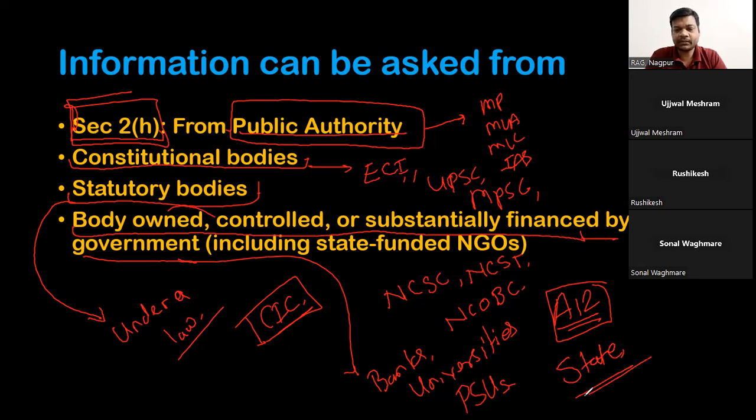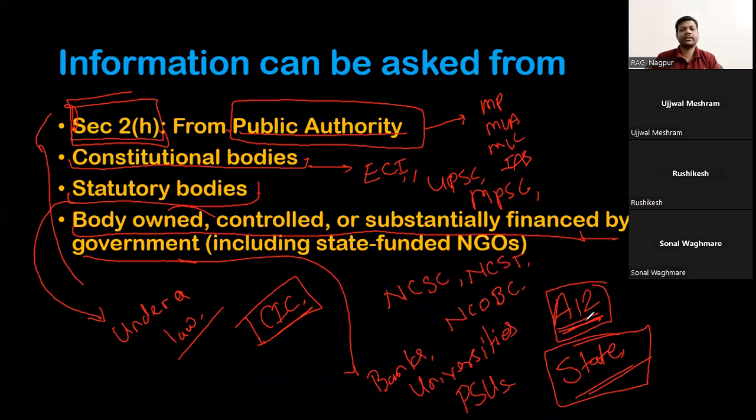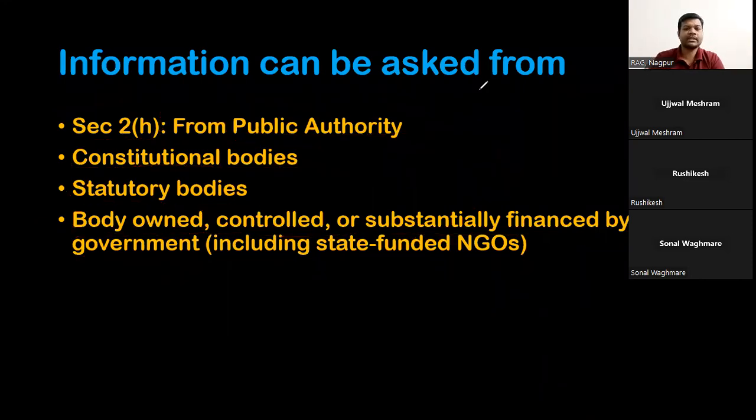Whatever is covered inside this kind of RTI comes under the definition of a state. Go and read Article 12. What is state? It has been defined in Article 12. Understood. So information can be asked from these bodies or these kinds of people.